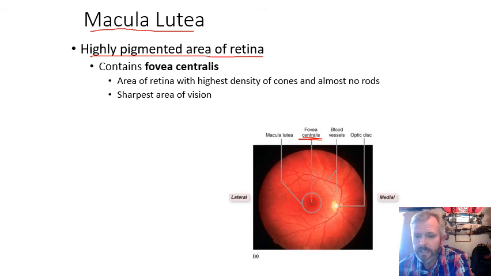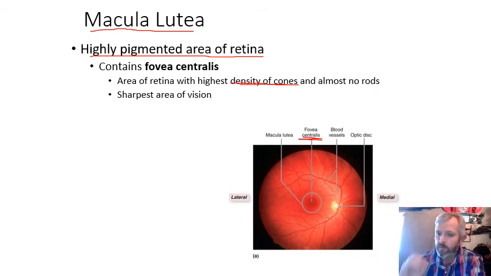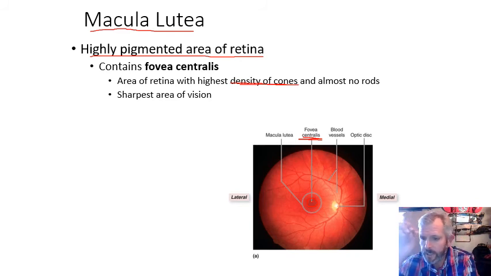We're going to have lots of cones there, the highest density of cones. Cones are going to give us very high acuity. We're going to be able to make very fine distinctions in vision by activating this area with a high density of cones. Almost no rods there.